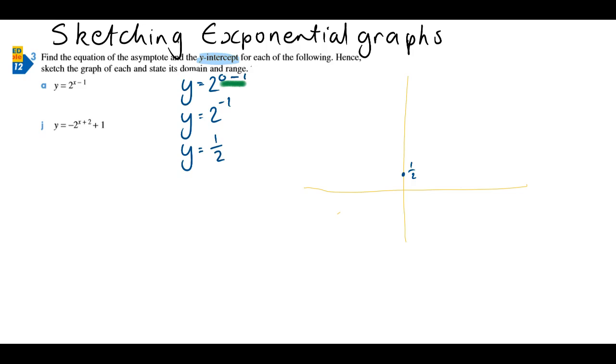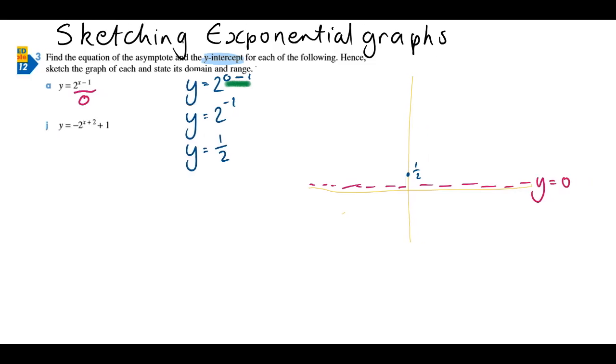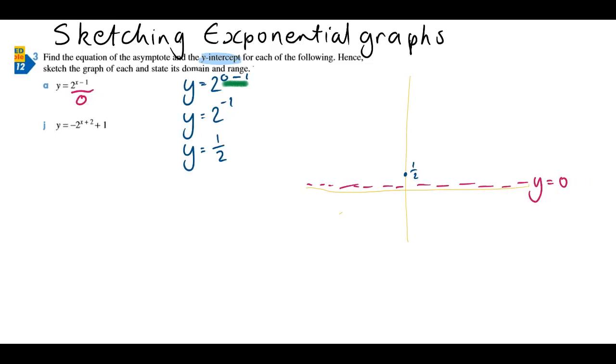So our asymptote is 0, because all of this goes down to almost 0 as x gets really negative. So I draw a line and label it y equals 0. That's the x-axis essentially, when y equals 0. So my asymptote is y equals 0.